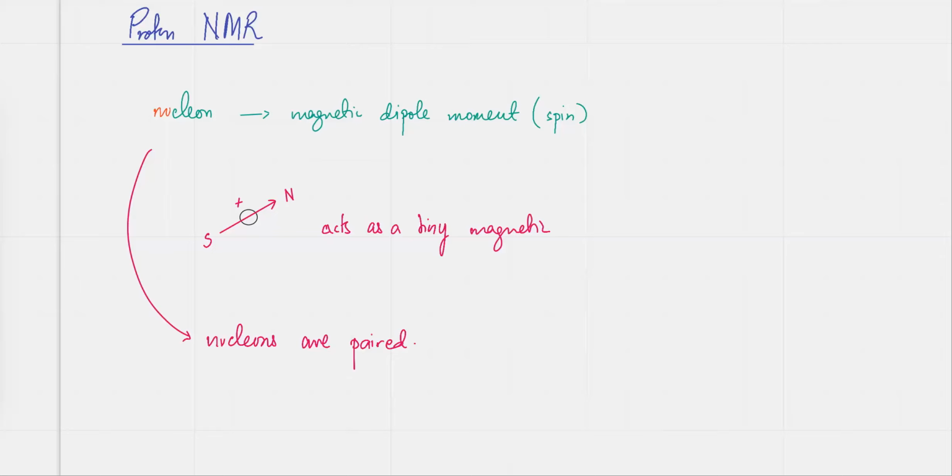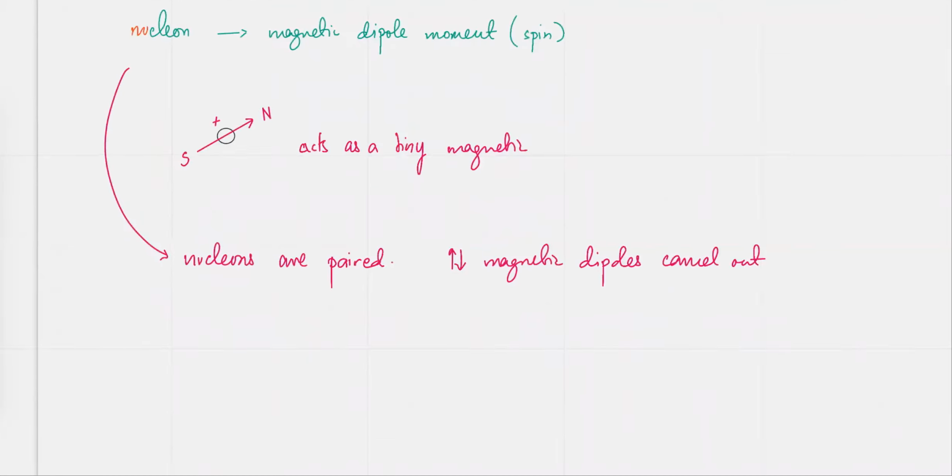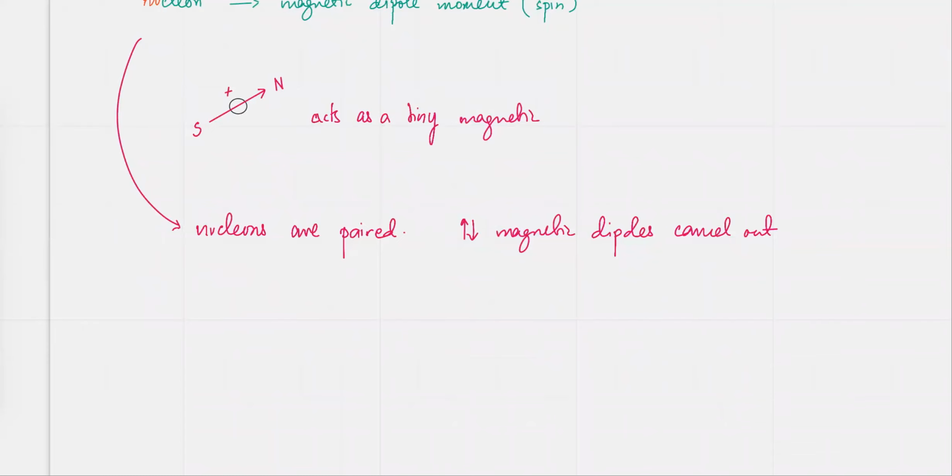Yes. Achha, so if you have nucleons which are paired, then they would always have opposite pairing, which means that if one is pointing upwards, the other one would be pointing downwards. So that means the magnetic fields would cancel out. The magnetic dipoles cancel out because they have opposite spins, which means the nucleus is not going to show any magnetic field. So if you have an even number of nucleons, this always happens.